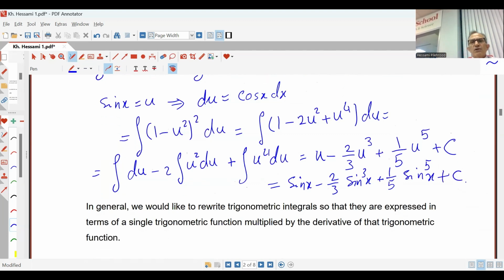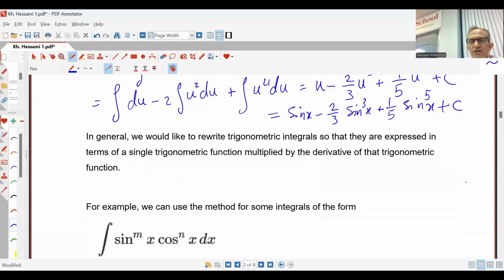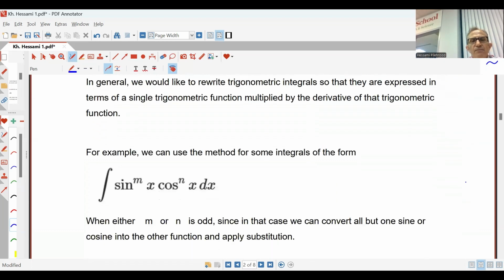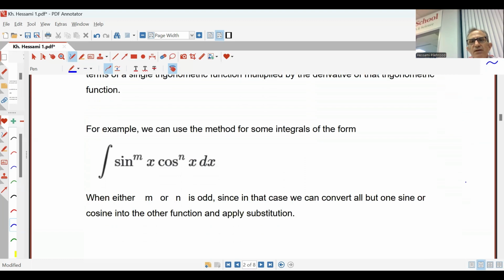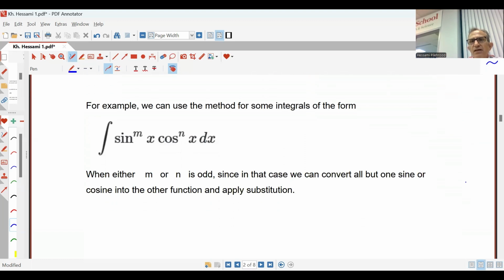In general, we would like to rewrite trigonometric integrals so that they are expressed in terms of a single trigonometric function multiplied by the derivative of that trigonometric function. For example, we can use the method for some integrals of the form sine to the power of m x times cosine to the power of n x dx.